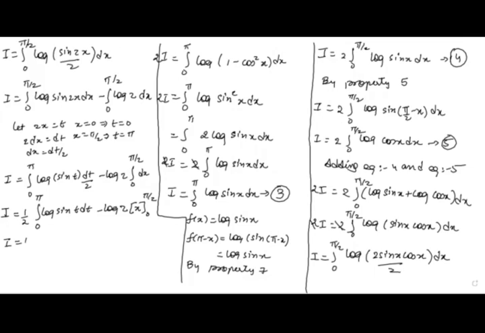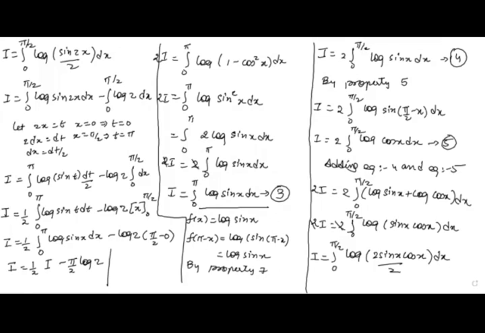So why don't we write this variable as x only? If I write this as x, then comparing with equation 3, I can replace this as I, the integral from 0 to pi of log sin x dx. You can see that equation 3 is telling us that this is I.